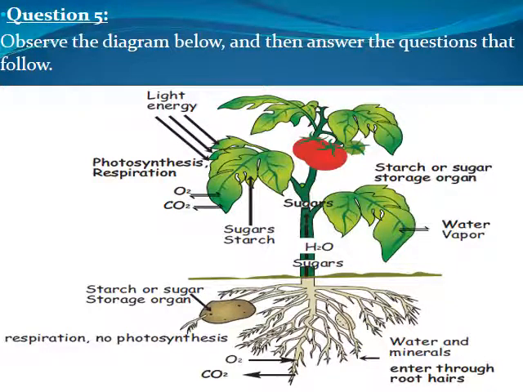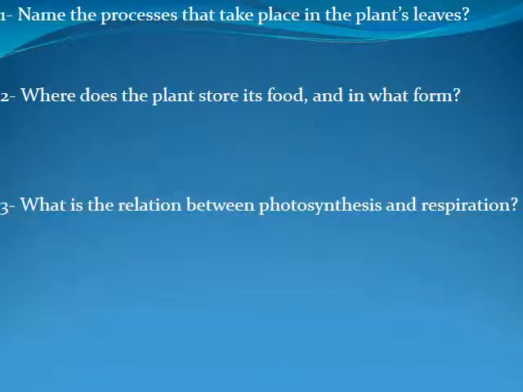Observe the diagram below and then answer the questions that follow. Name the processes that take place in the plant's leaf. Yes, Nurjan, what do you call the processes that take place in the plant's leaf? Yes, and respiration. Okay, these 2 processes that take place in the plant leaf are photosynthesis and respiration.